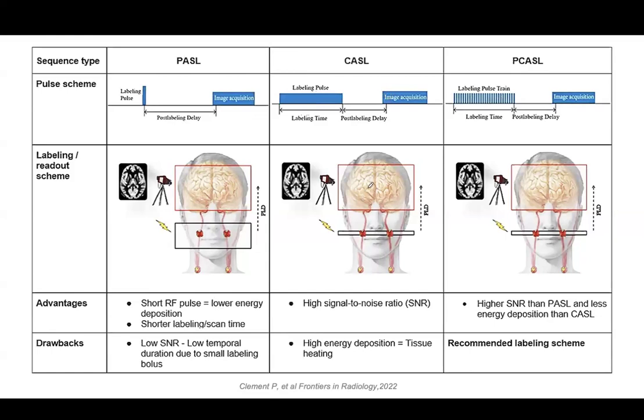The problem with this method is that because of the continuous energy, it had tissue heating. So the latest, which is recommended by all guidelines, is pseudo-continuous ASL, which is a hybrid of both. They give intermittent pulses and acquire the image, in which it has both a higher signal to noise ratio and less energy deposition.